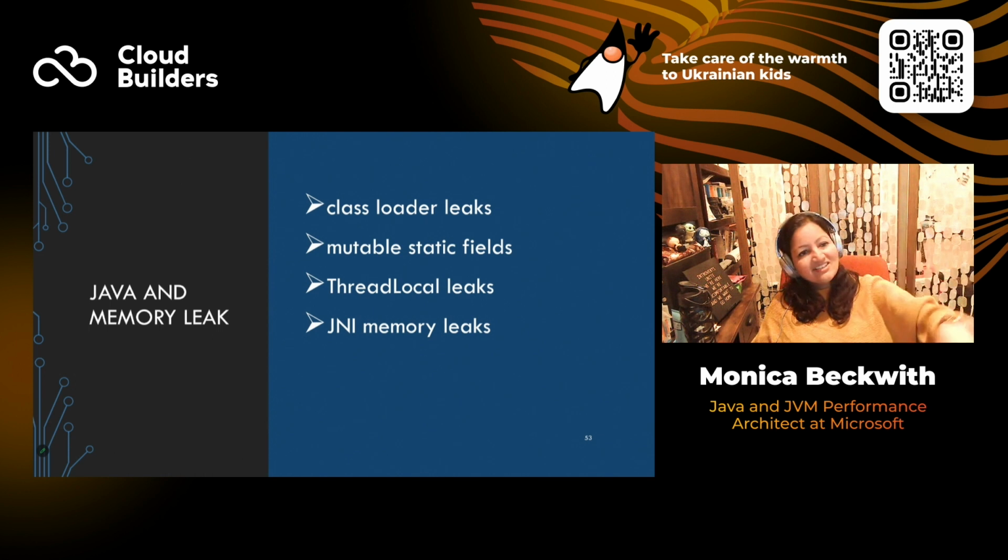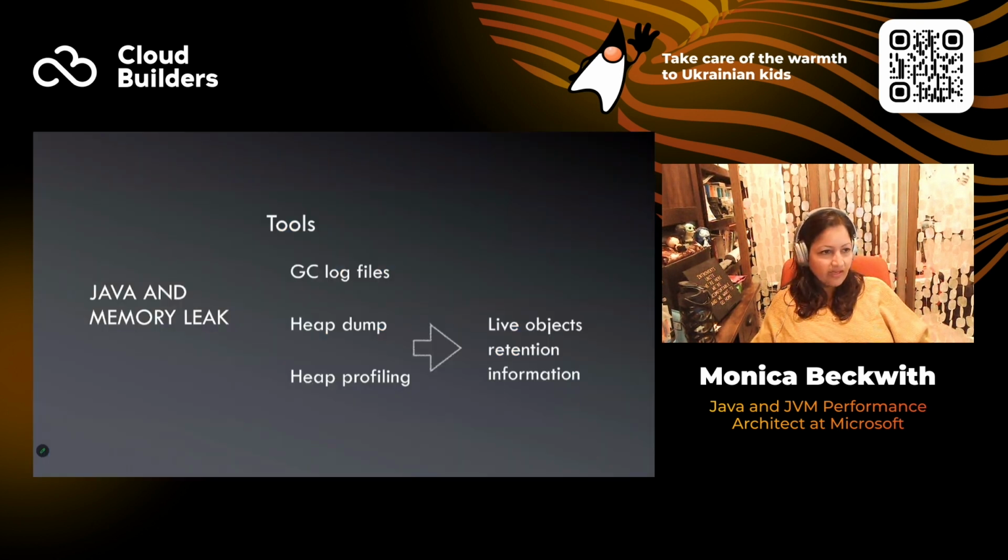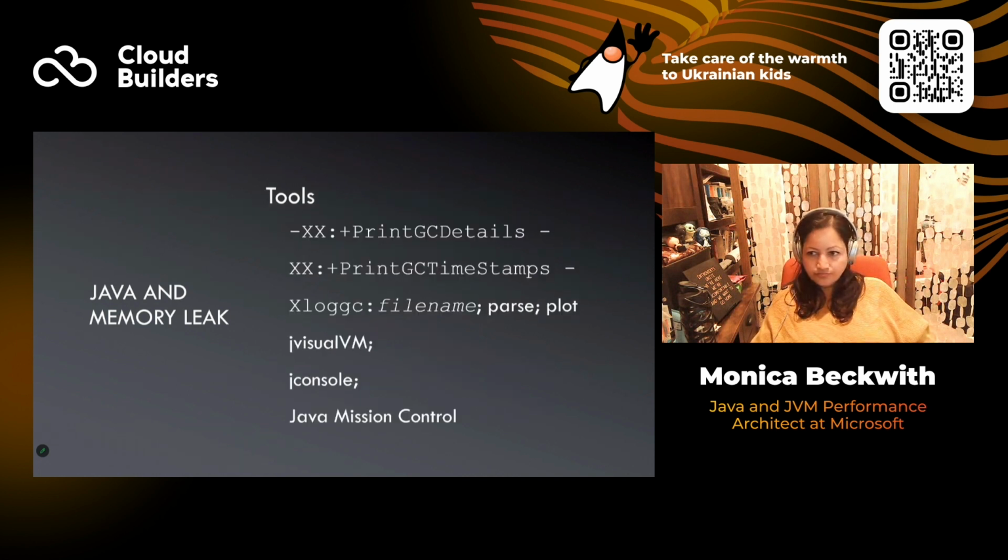So, not surprisingly, Java memory leaks can be identified by tracing the GC roots. There are class loader leaks, mutable static field leaks, thread leaks, and JNI memory leaks. What are the tools that we can use? You have the GC log files, of course, and I have a quick example that I'll give you over here. I'm just being cautious of time. Then you have heap dumps and heap profiling to get live object retention information.